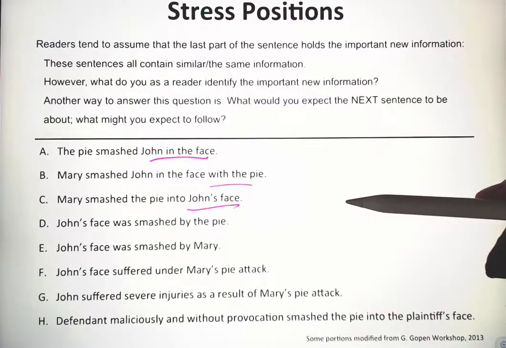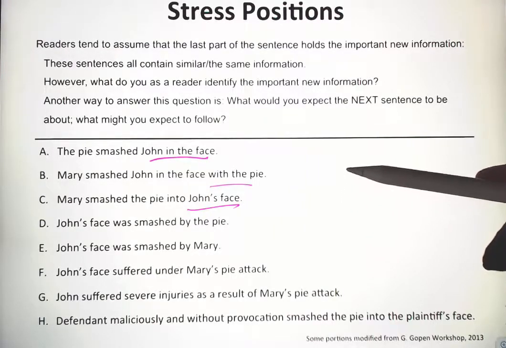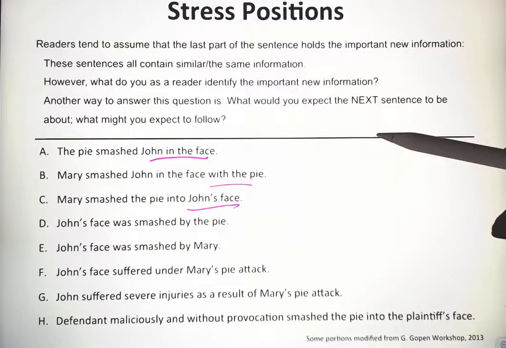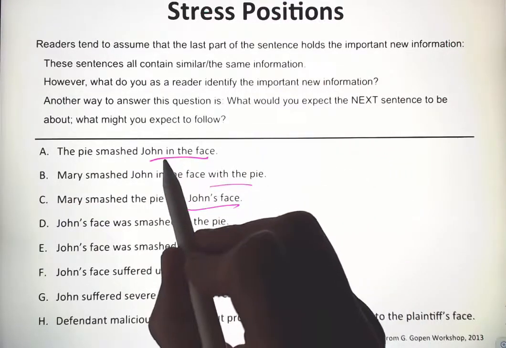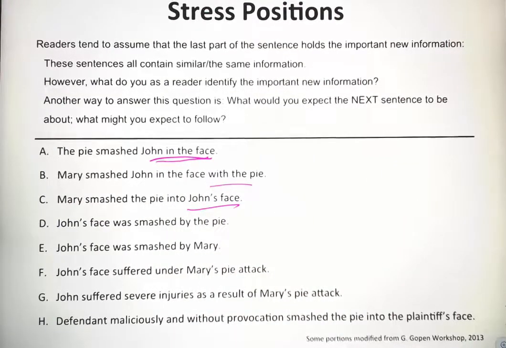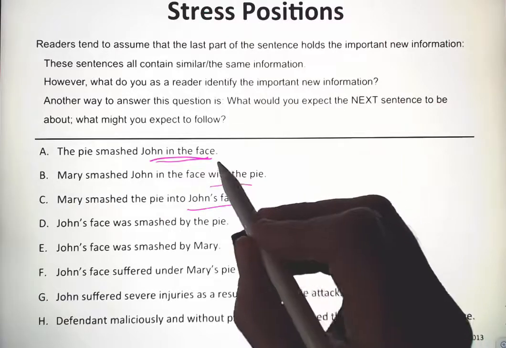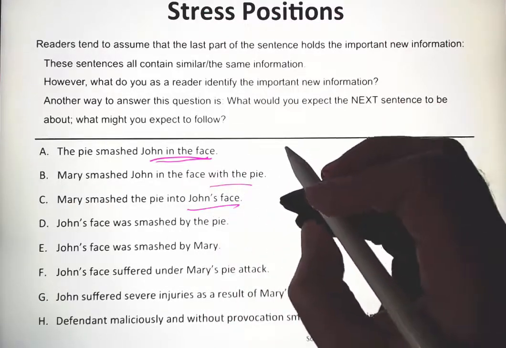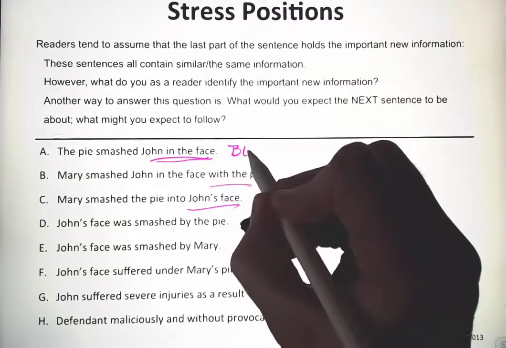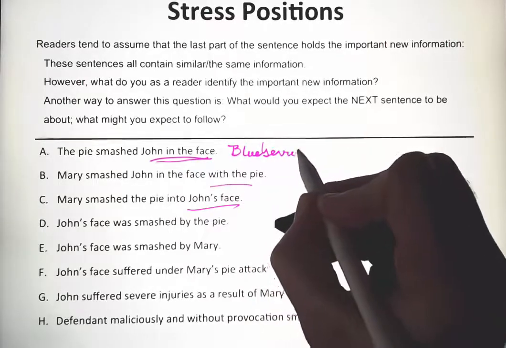So, the pie smashed John in the face. That's within the stress position. And so maybe blueberries dribbled down his chin. Mary smashed John in the face with the pie.